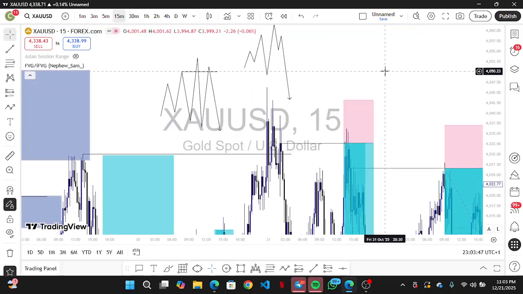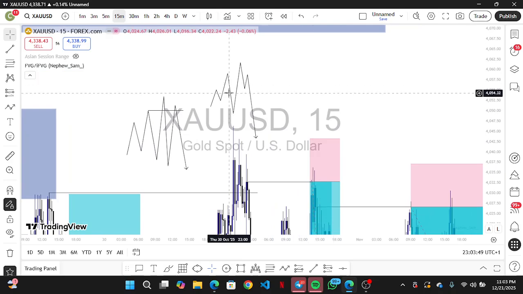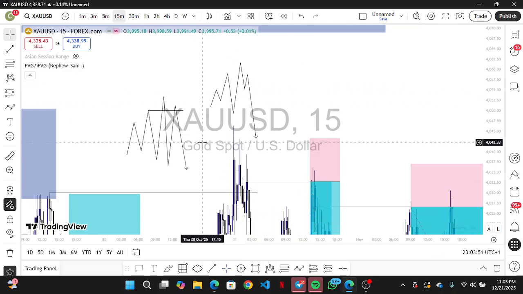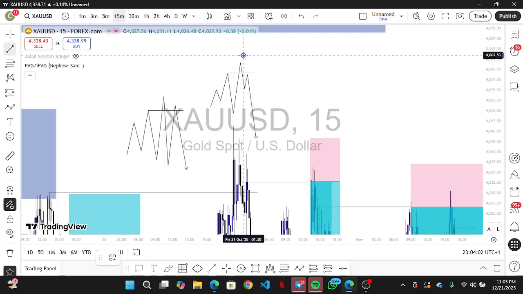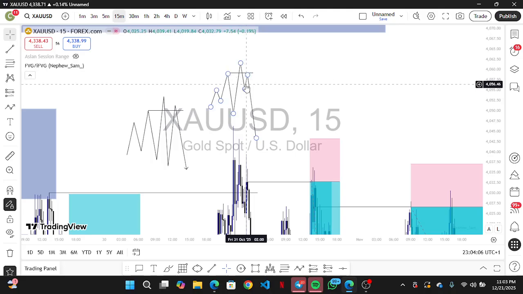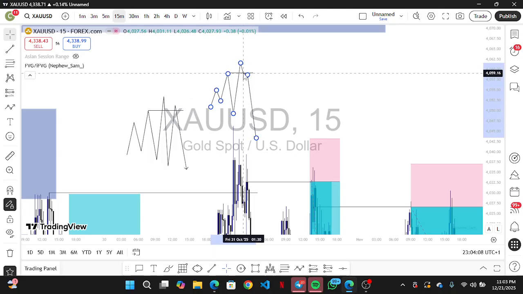So basically, there is a resistance level. Price fails to respect that. Price takes out that resistance level. It can be resistance or support, either way. Price fails to respect that resistance level, breaks it. And price also fails to respect that when it comes back down; it fails to respect this as a new support level.